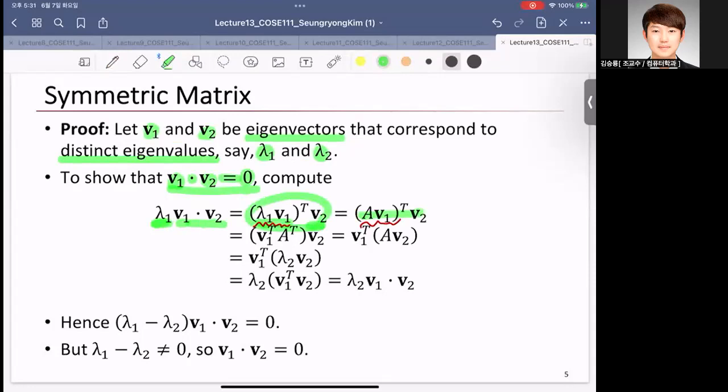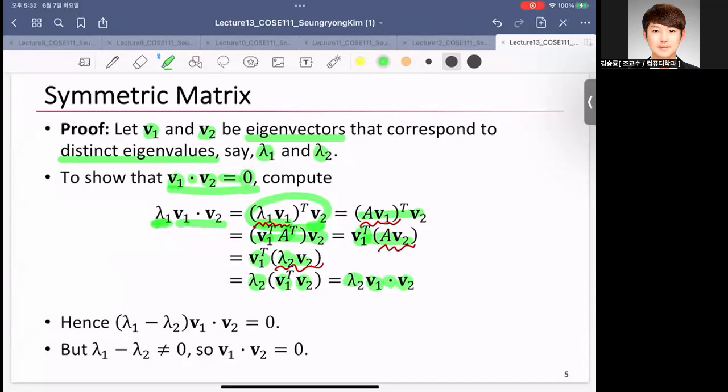Then V1 transpose A transpose times V2, because this is the transpose of a matrix times a vector. Then V1 transpose times A V2, since A is symmetric. Then V1 transpose times λ2 V2, because these are eigenvalues and eigenvectors. Then, because λ2 is a scalar value, λ2 times V1 transpose times V2, which is λ2 times the inner product of V1 and V2.